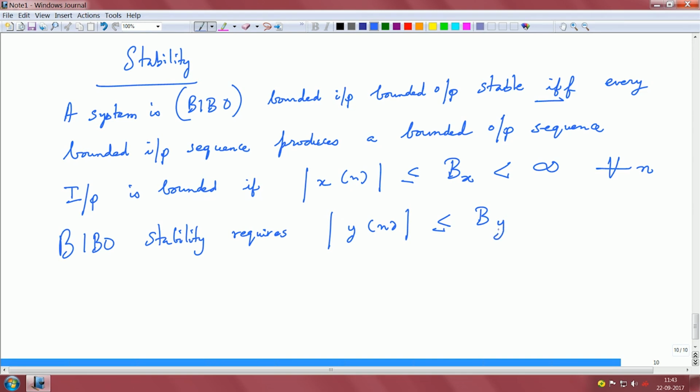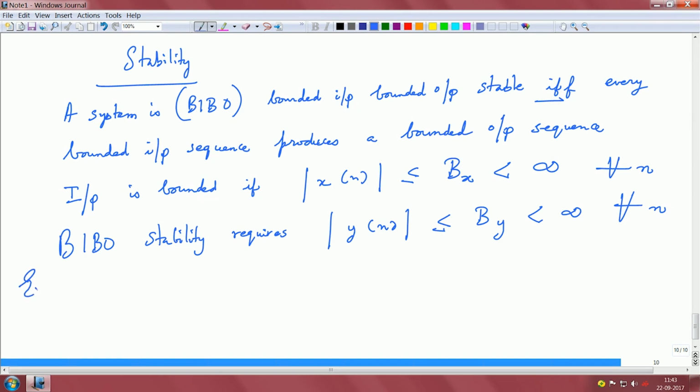That means there exists some b suffix y which is strictly less than infinity, such that the magnitude of y of n is less than or equal to b suffix y for every n.